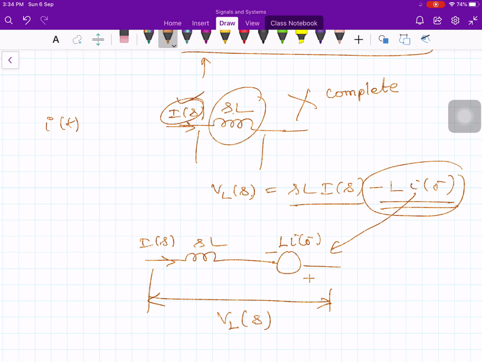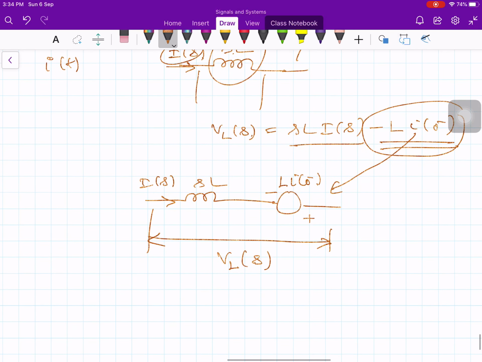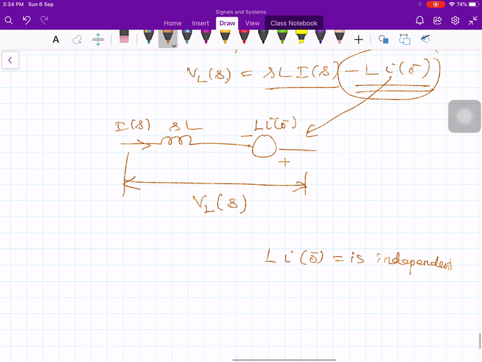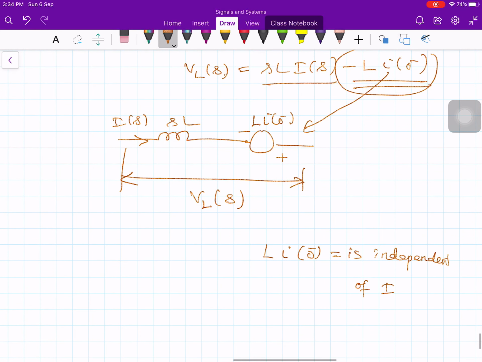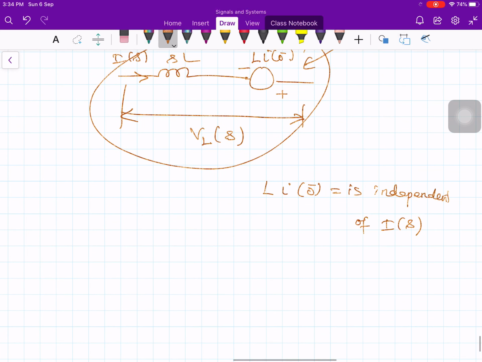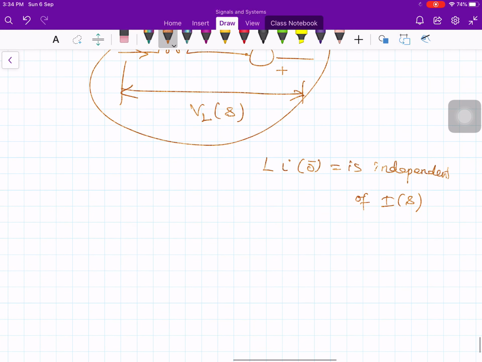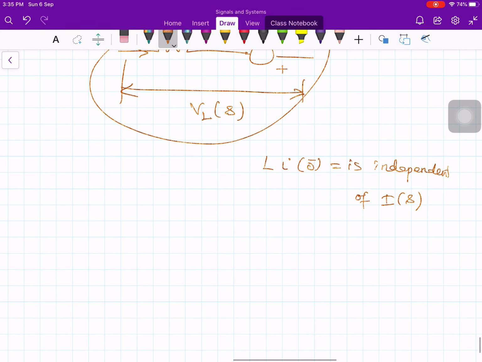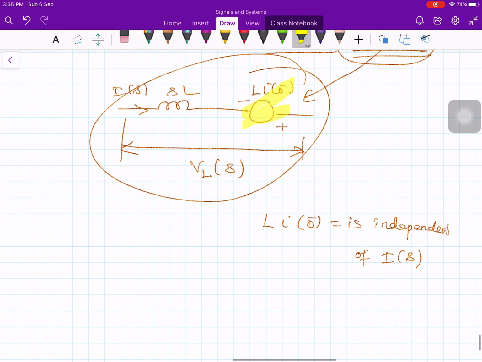Okay, and this L times I of 0 minus is independent of I of s. It is an independent quantity, that is equivalent to a voltage source. So this whole thing will be equivalent to a voltage source. So you must have a voltage source in the transform domain, and this voltage source value is L times I of 0 minus.